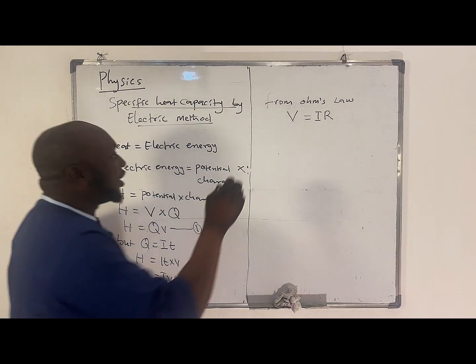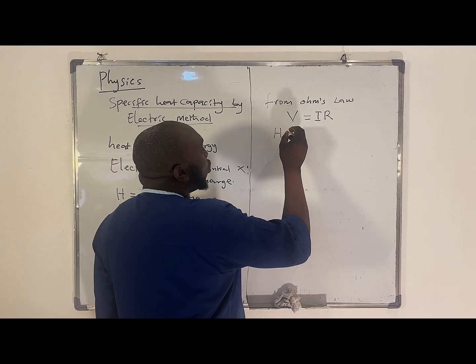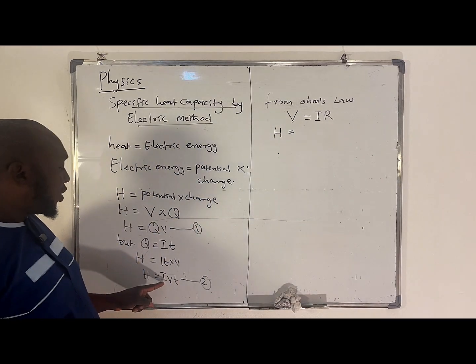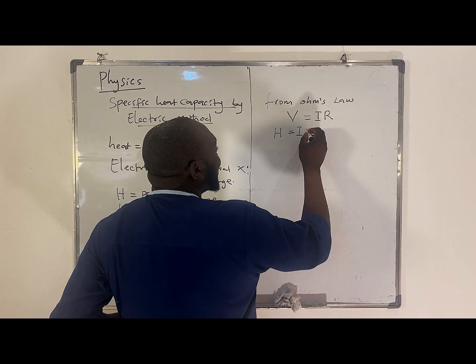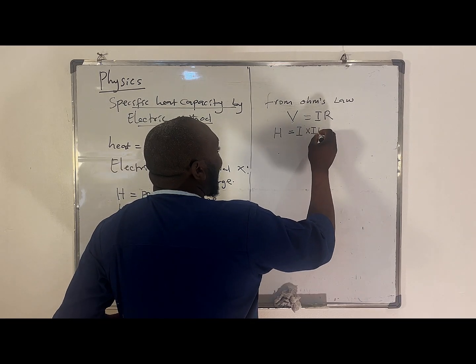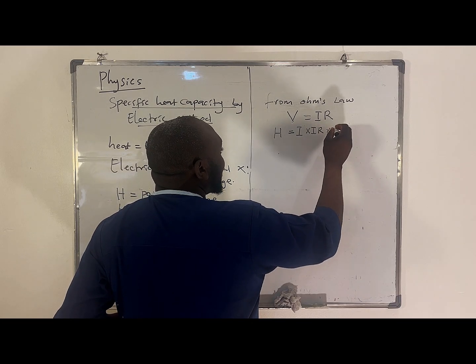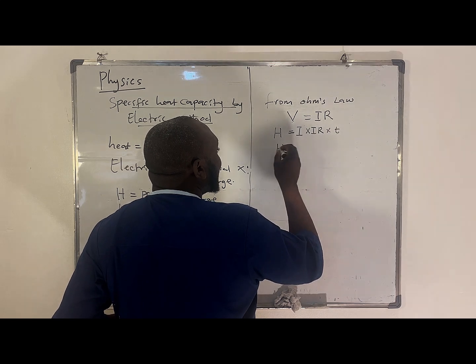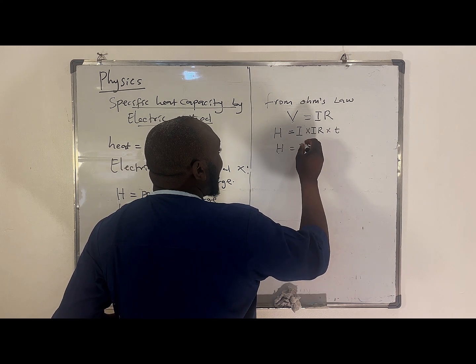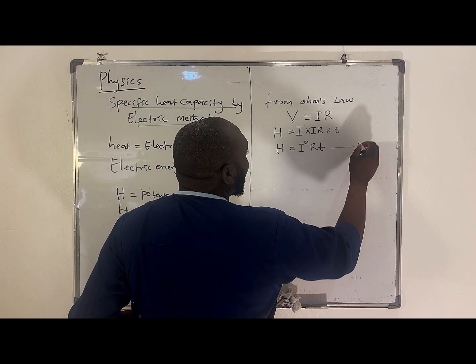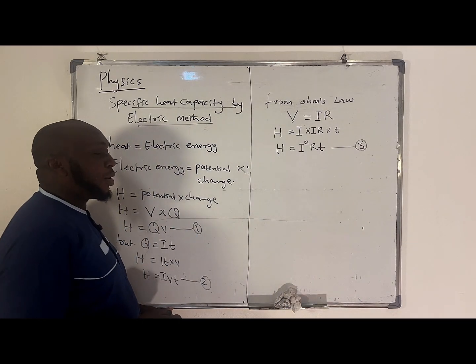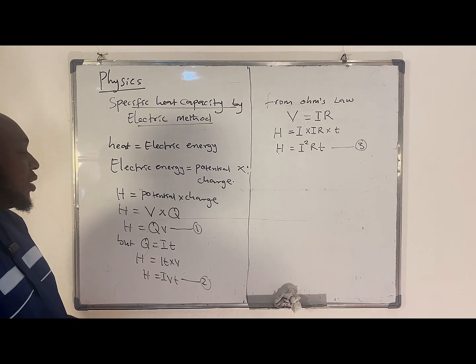So that means that heat will be, instead of writing current times voltage, where the voltage is IR, IR times time. Then we have H is equal to I squared RT. This is the third formula for finding heat supplied by an electric device.